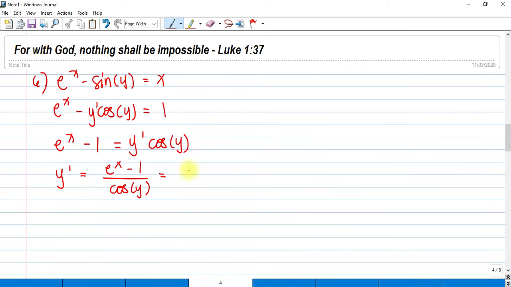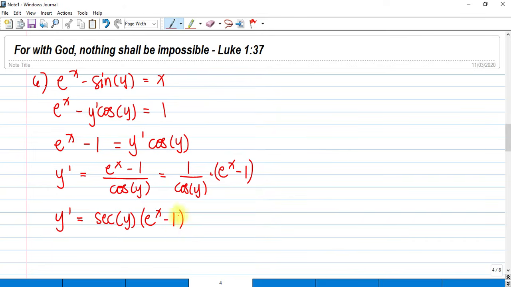And this could be rewritten as 1 over cosine of y multiplied by e raised to x minus 1. And 1 over cosine of y, by the trigonometric reciprocal identity, is equivalent to secant of y multiplied by e raised to x minus 1. And this should be our final answer for this problem.